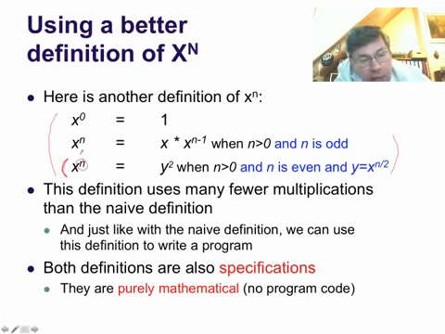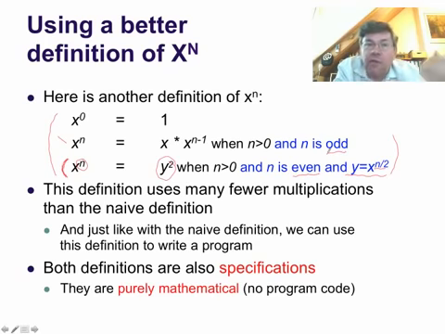So for example, when n is even, then I can say y is x to the n divided by 2, which is going to be an integer, and then the result is y squared. And the second rule then will take over the cases where n is odd, which is not handled by the square rule. So this definition will calculate x to the 16 much more efficiently than the previous one.